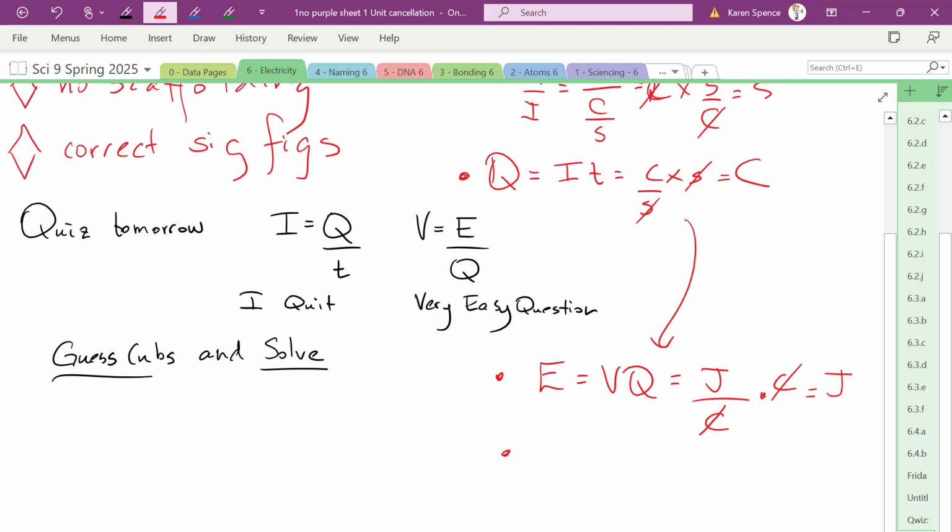If we have Q is equal to E over V. Energy is measured in joules. Volts are joules per coulomb. So that's going to be joules times coulombs per joule equals coulombs.